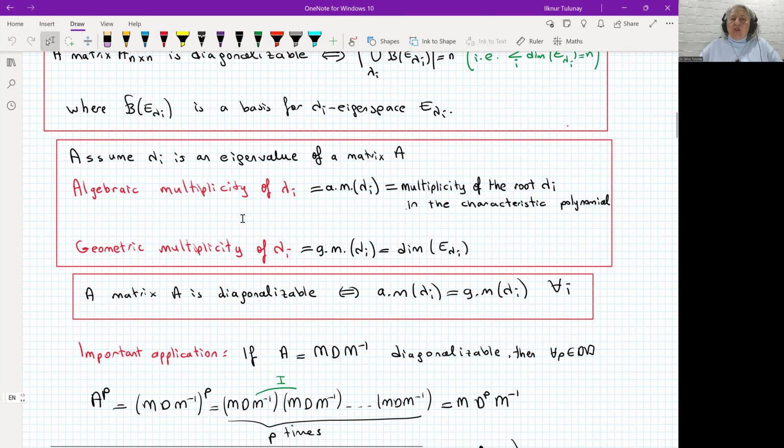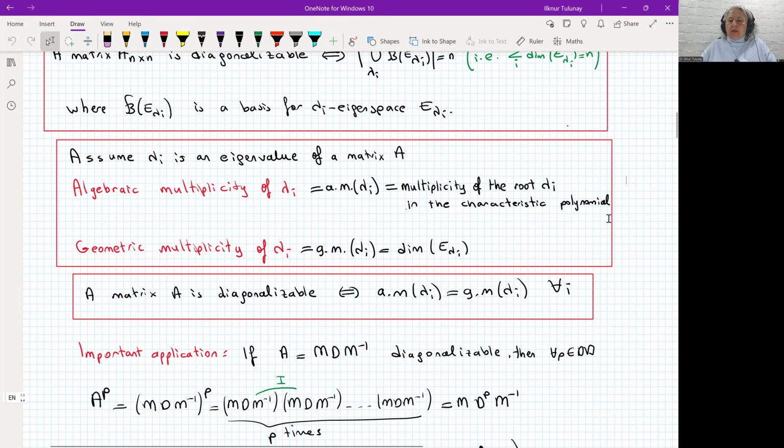So, as another way of stating this criterion, we look at the algebraic multiplicity and the geometric multiplicity of the eigenvalue. The algebraic multiplicity of an eigenvalue, we will denote A_m(lambda i). That is the multiplicity of the root lambda i in the characteristic polynomial.